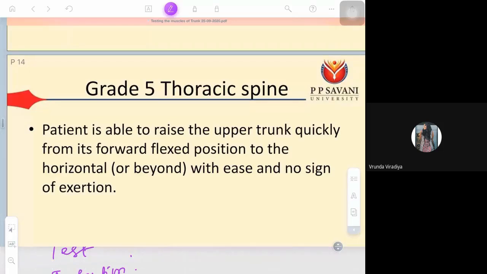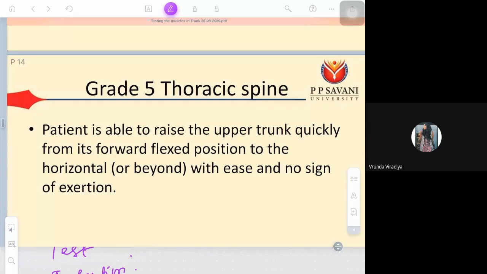If the patient is able to raise the upper trunk quickly from its forward flexed position to the horizontal with ease and no significant effort. Already we discussed the same point, but the position of the patient is different in the thoracic spine from the lumbar spine.